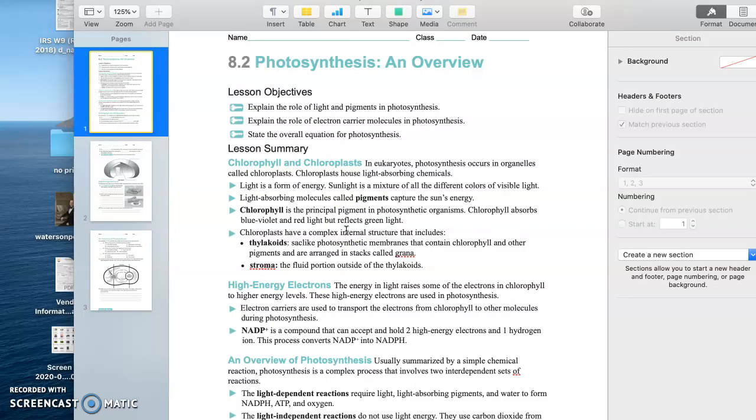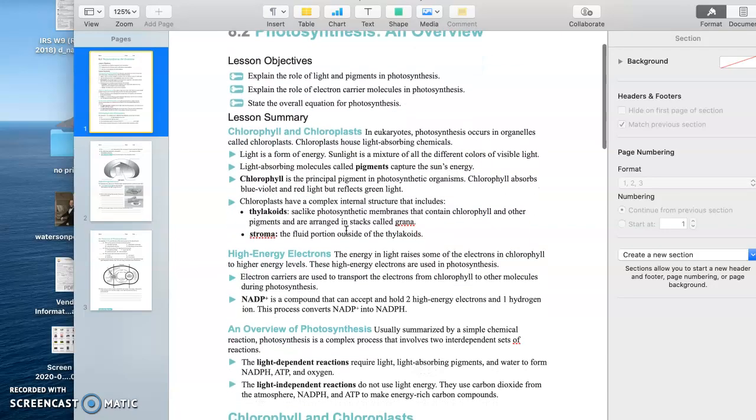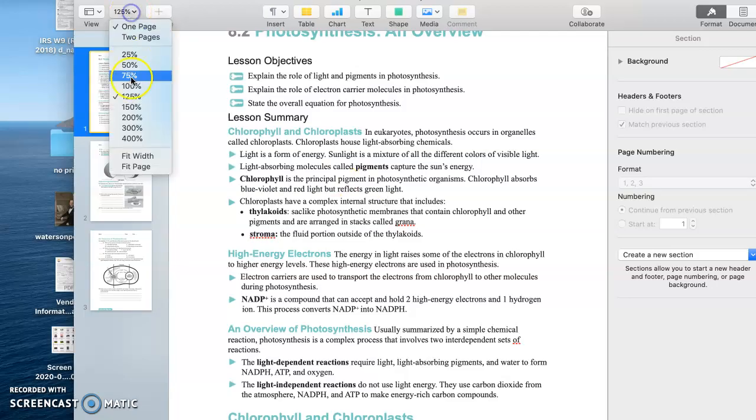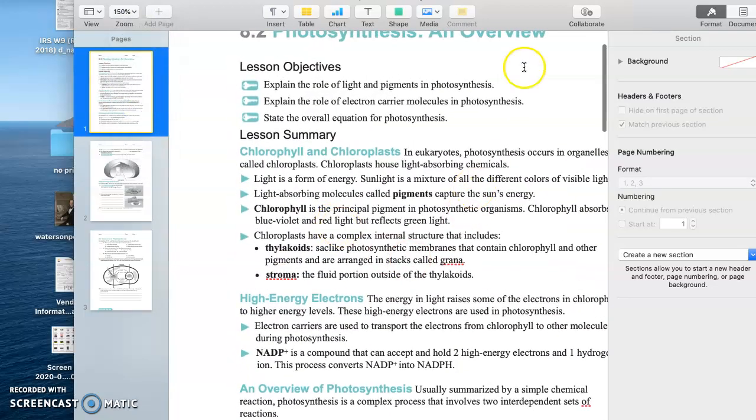So this is our overview on photosynthesis. And photosynthesis, again, is those two steps you're seeing down here, the light-dependent reaction and the light-independent reaction. So this goes into a little bit more detail than we did in our PowerPoint. So let's look at some of these words right here, and I'll zoom in for you.